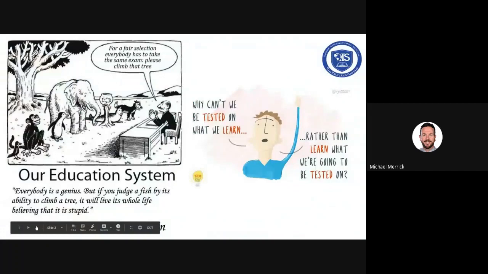So the first thing that I thought was really relevant here, especially in the environment we're in, is this picture. For a fair selection, everybody has to take the same exam. Please climb this tree.